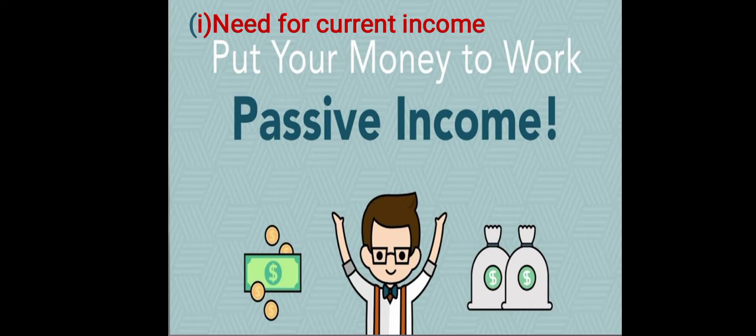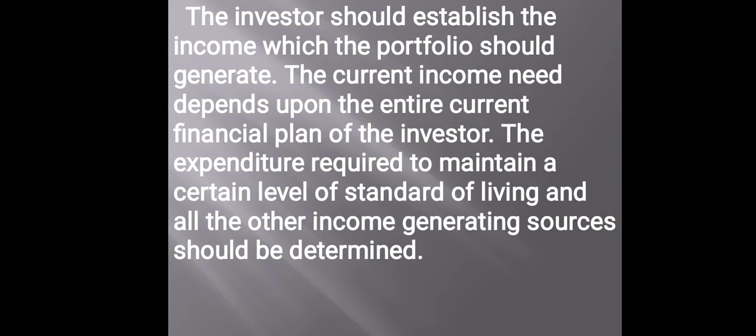The next constraint is need for current income. The investor should establish the income which the portfolio should generate. The current income need depends upon the entire current financial plan of the investor.